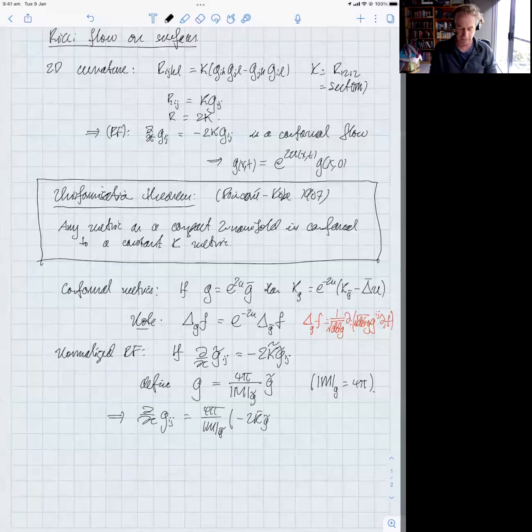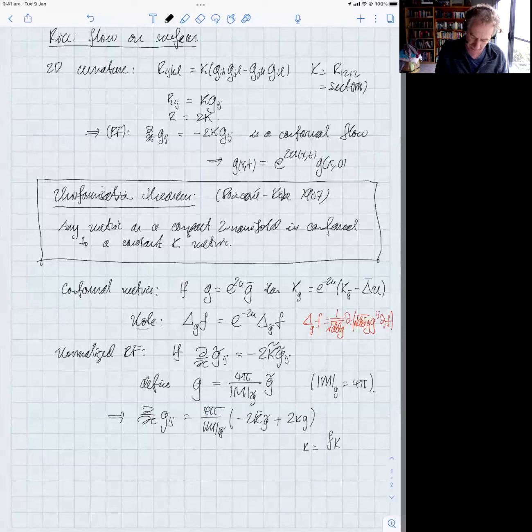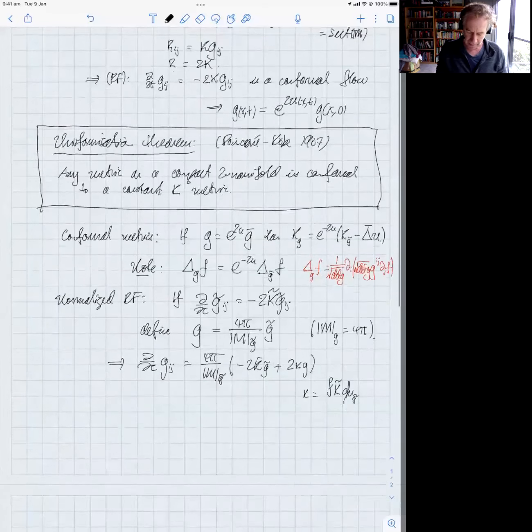Okay, and then I'll get the term coming from the derivative of the area element, and that will give me plus 2 kappa G, where kappa here is just the average of the Gauss curvature.